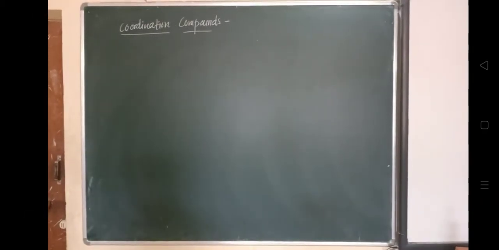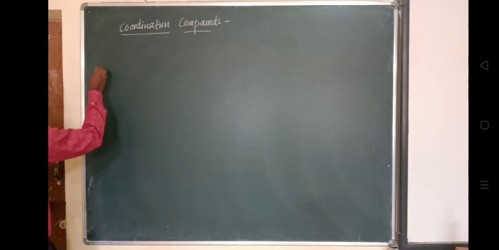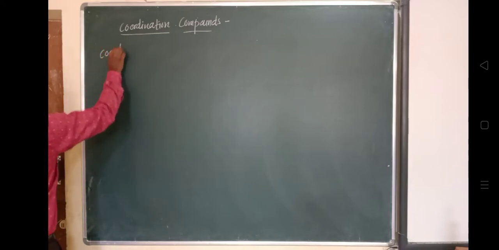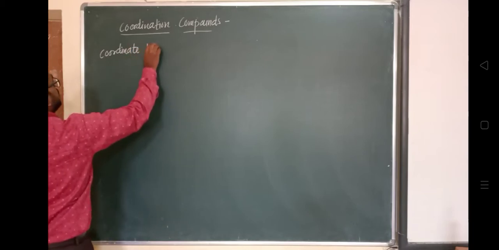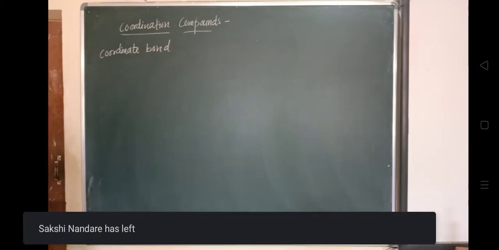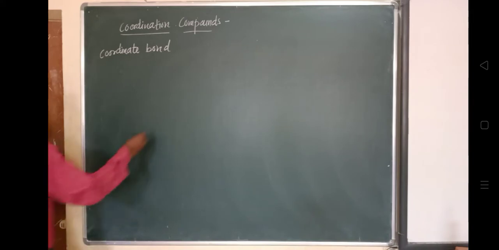Basic definition: a coordinate bond is conveniently represented by an arrow.